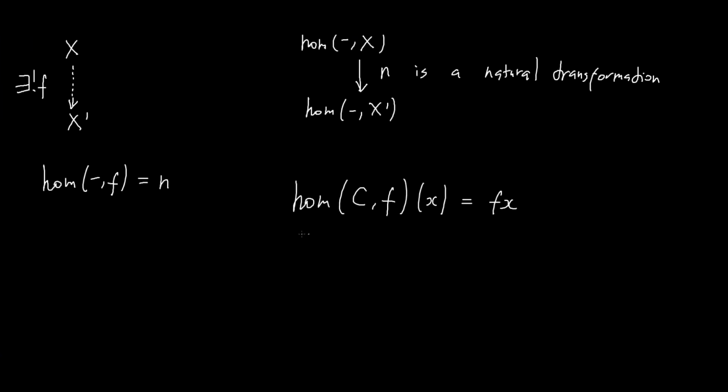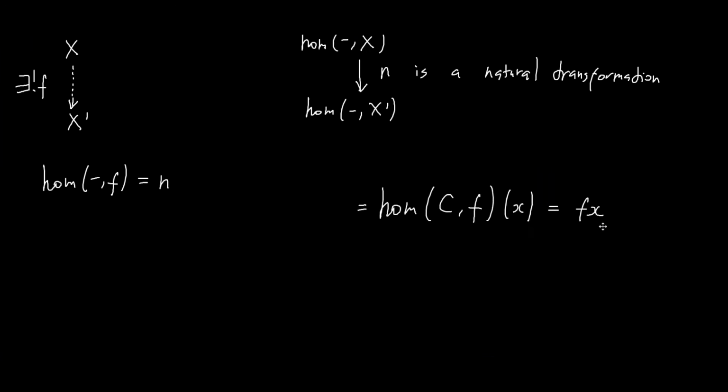It would be f x, but at the same time, this f x would be the value of n, the natural transformation n, whose component we pick now is c, evaluated.